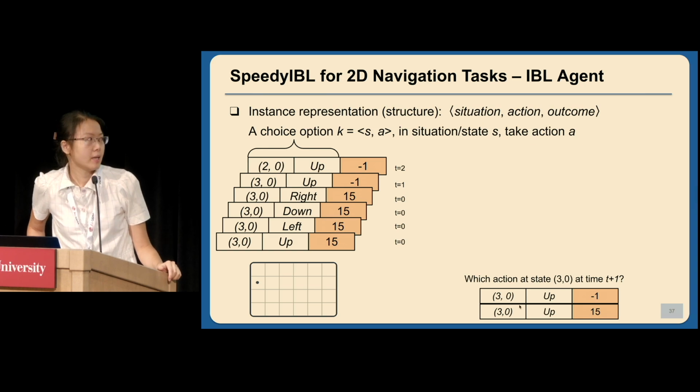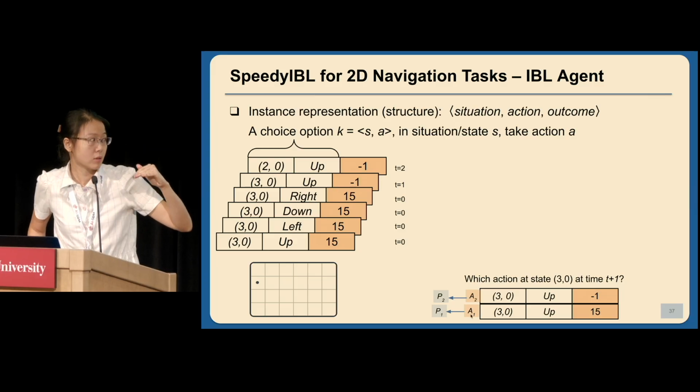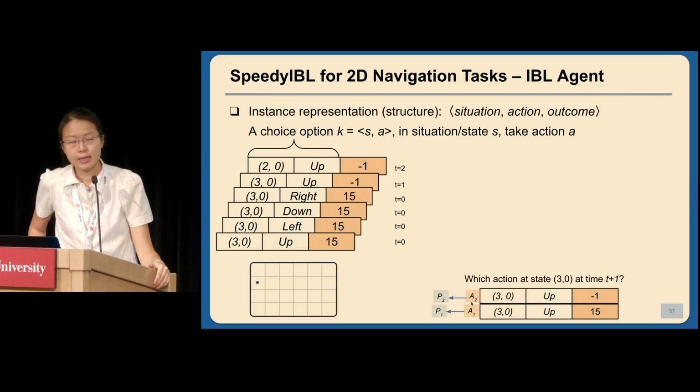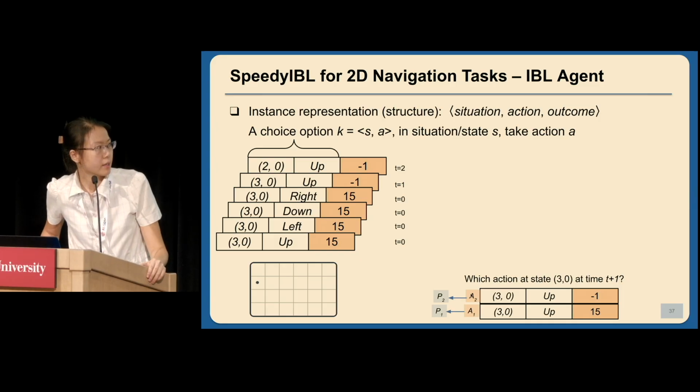And then we calculate what we call the activation for each instance. We denote instance 1, instance 2, so we have an activation for each instance. And then we have the retrieval probability for each instance based on the activation function, so based on instance-based learning theory.